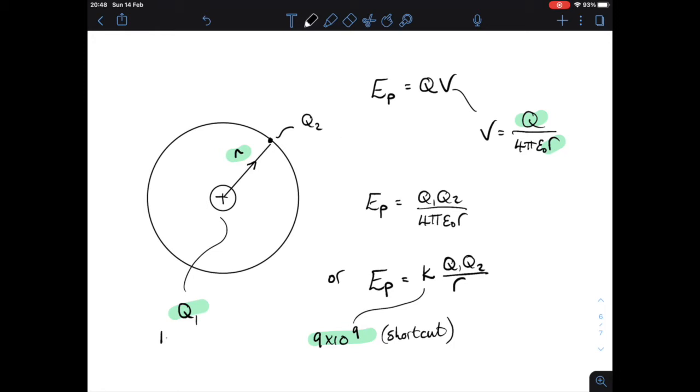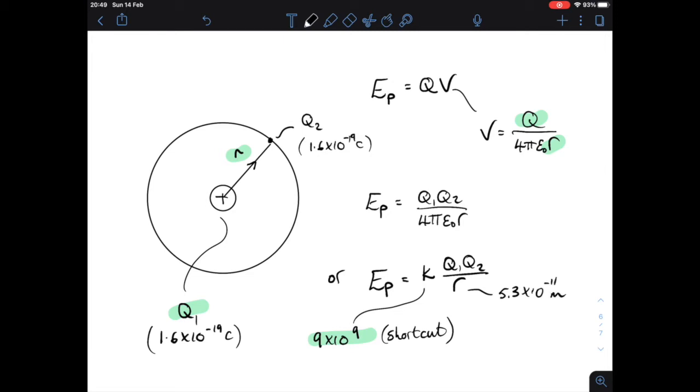Now our Q1 is the charge on the proton, which is 1.6 times 10 to the minus 19. Our Q2 is also 1.6 times 10 to the minus 19. So Q1 and Q2 are the same, although we should really put in minus 1.6 times 10 to the minus 19 for the electron. And the radius was given to us as 5.3 times 10 to the minus 11.